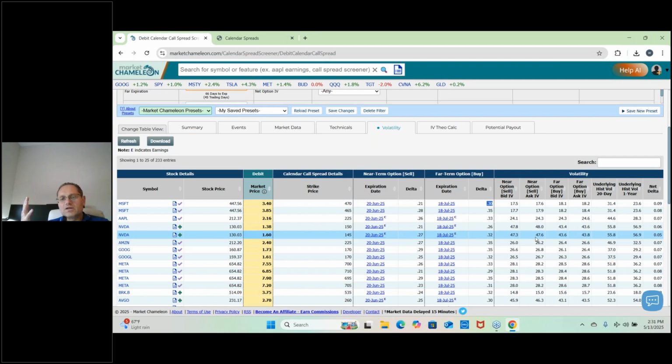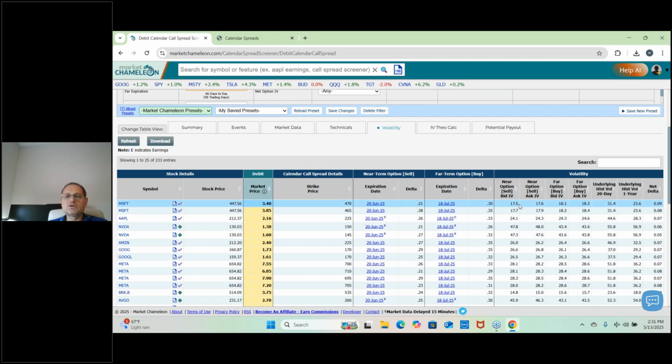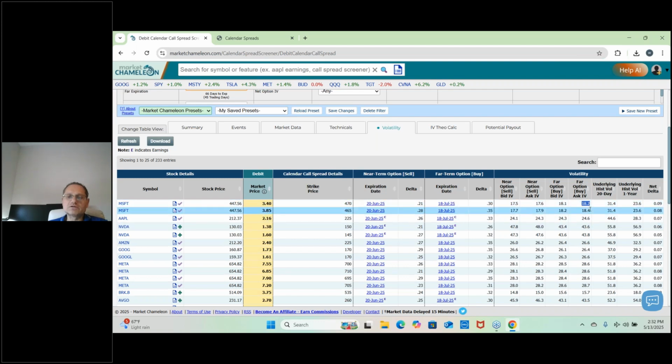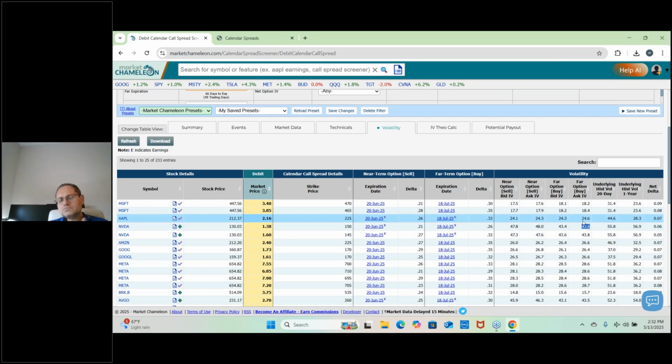And what are the implied volatilities of these options? So the first one, the near term, you could see the bid and offer is 17.5, 17.6. So let's just say it's around 17.5. The further out one is 18.1 and 18.2. Okay, so you could see this one increases as we go out in time. Here's one that decreases, NVIDIA. It's 47.48, while the further term one is 43.4, 43.6.